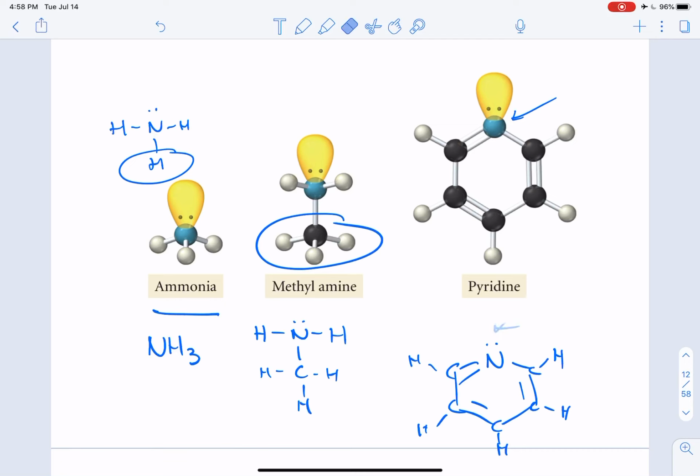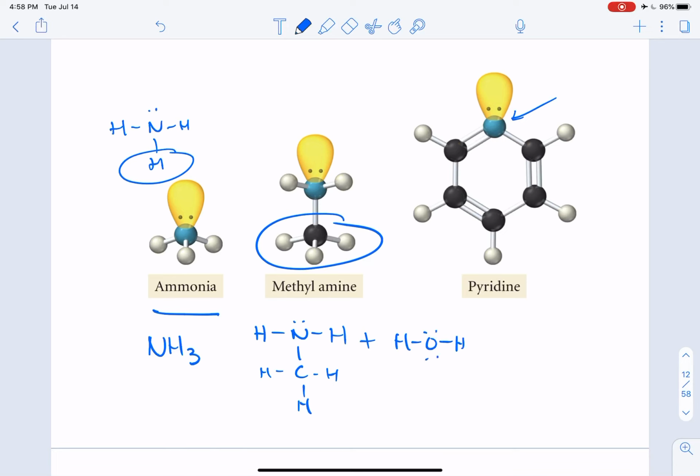And that will also work exactly the same way as ammonia and pyridine did when you put it in water. So it'll meet a water, and the electron pair, the lone pair on the nitrogen, will reach over and grab the hydrogen.